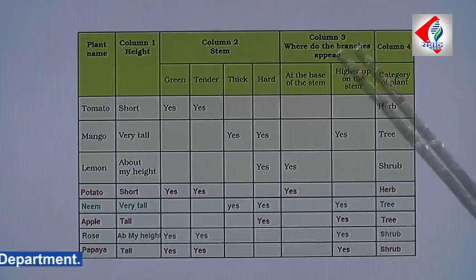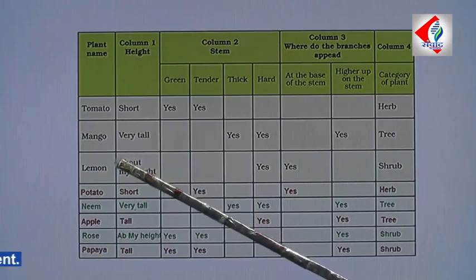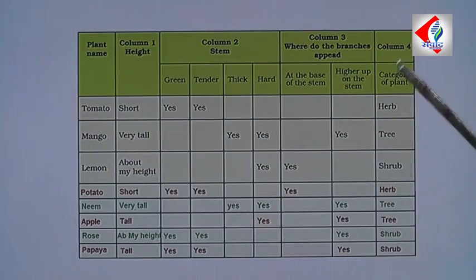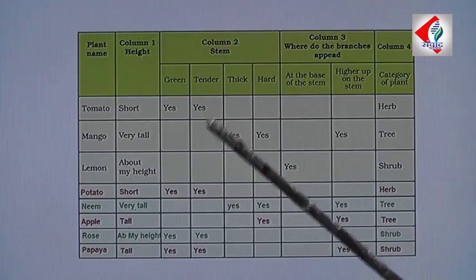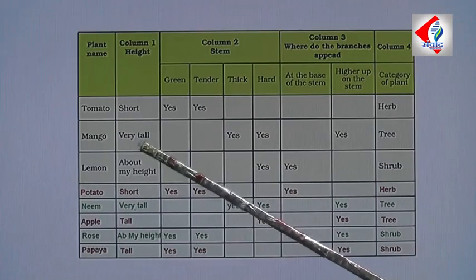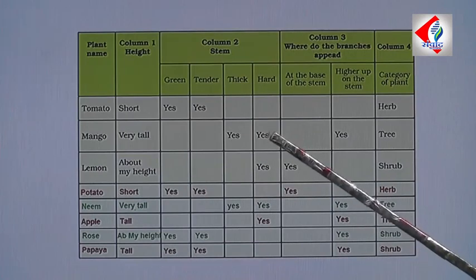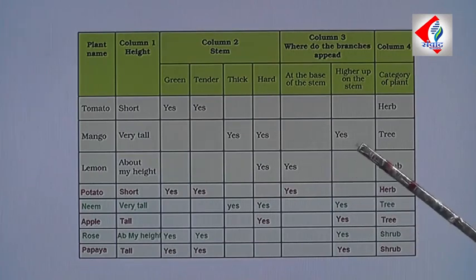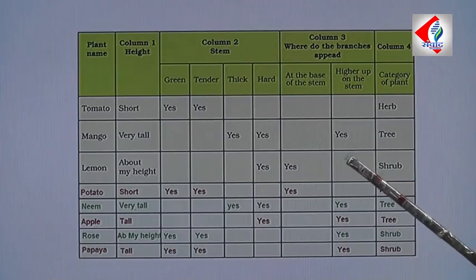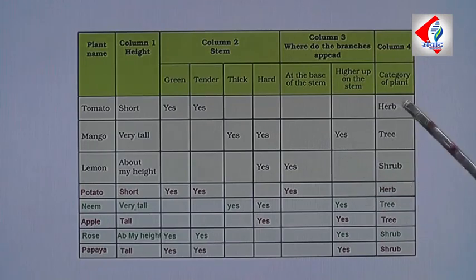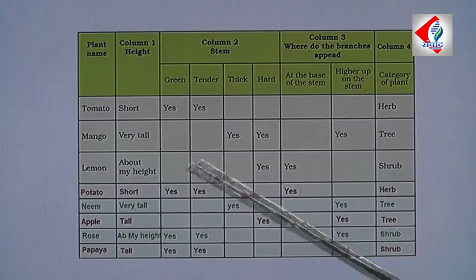It is a herb. Mango is a tree, you know that, but you should know why it is a tree. It is very tall, the stem is very thick, it's known as a trunk, and it is very hard, and you will find that the branches grow high above the ground. That is why it is called a tree.